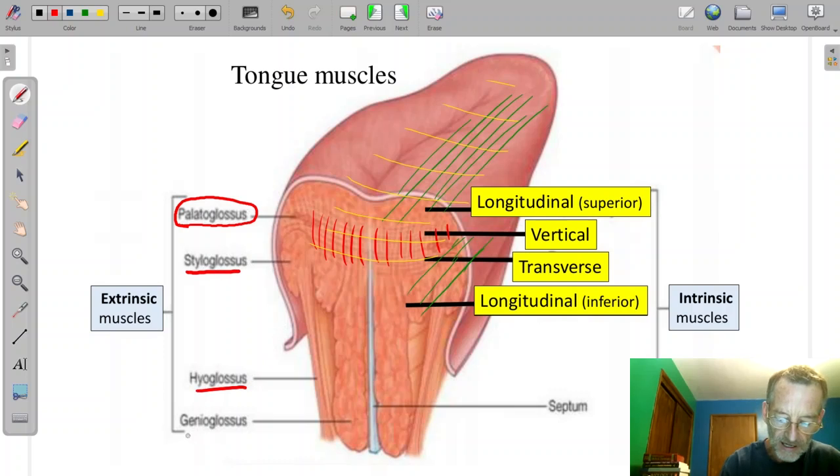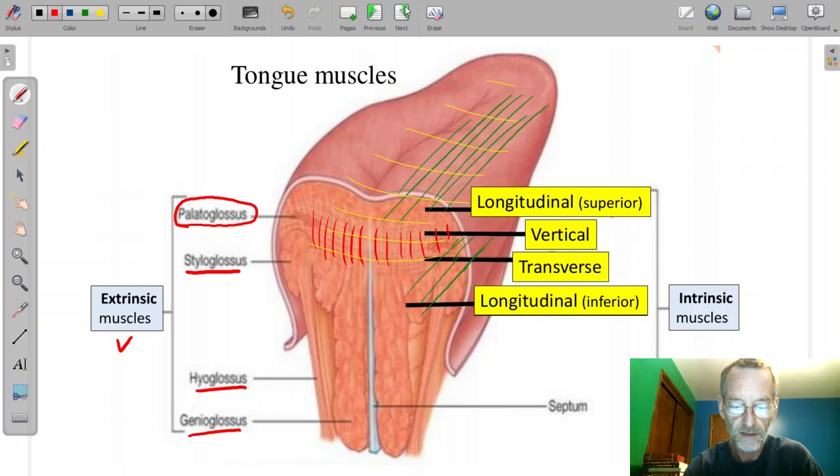I will not ask you to identify these muscles in this view. I just don't think you have enough context to do that. But they're just shown there to remind you that they are extrinsic muscles, but don't worry about identifying these in this picture. That would be difficult. Let's move on.